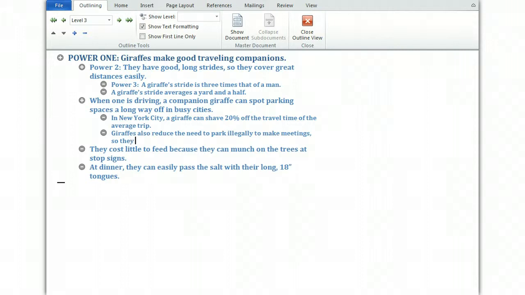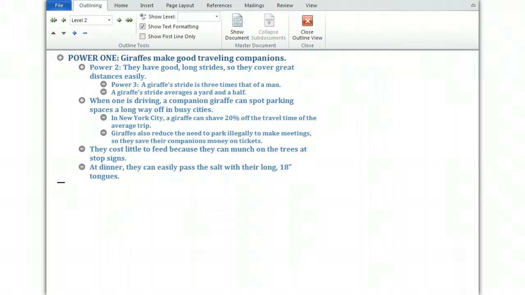So they save their companions money on tickets. That is the second Power 3 sentence under the second Power 2 sentence. And then you just repeat the process. Here we go down to the third Power 2 sentence.